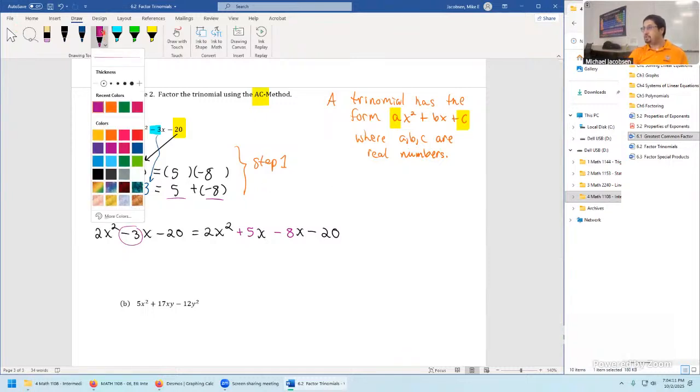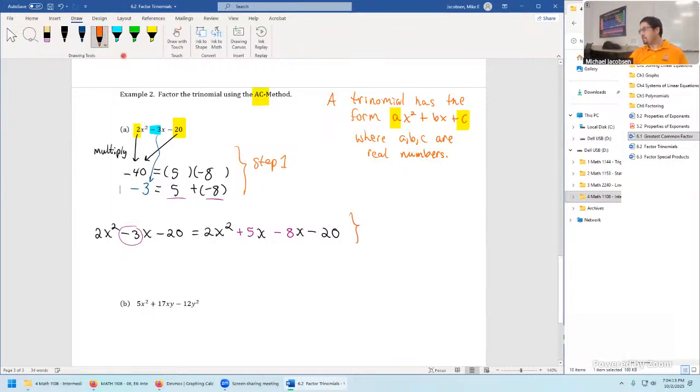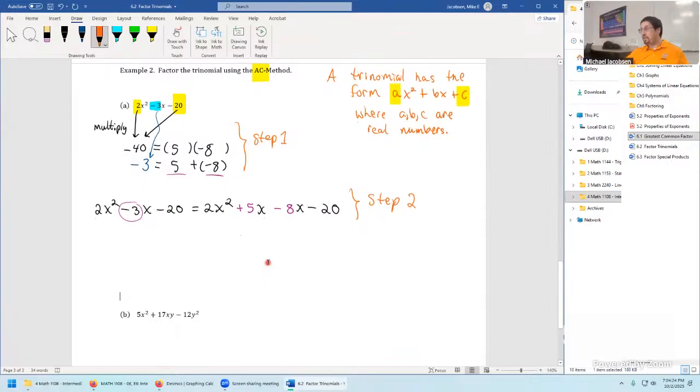So step 2 is to do this. It's actually a lot of steps. So that's the kind of downside about the AC method. We're doing quite a lot just to get to the factorization. But if the trial and error was hard in this problem, maybe we're actually saving time.